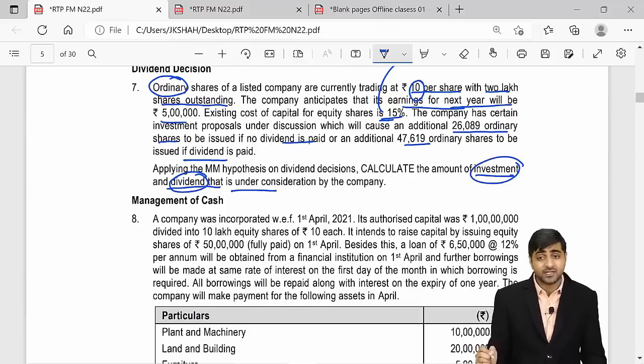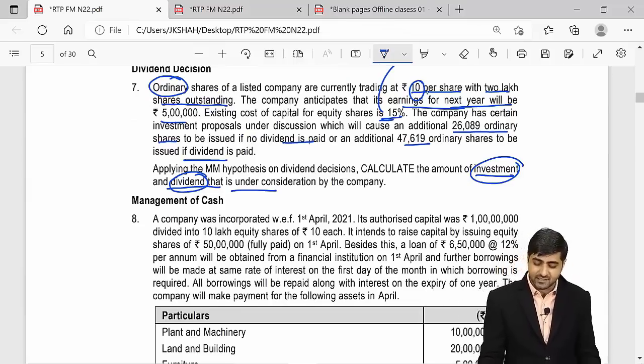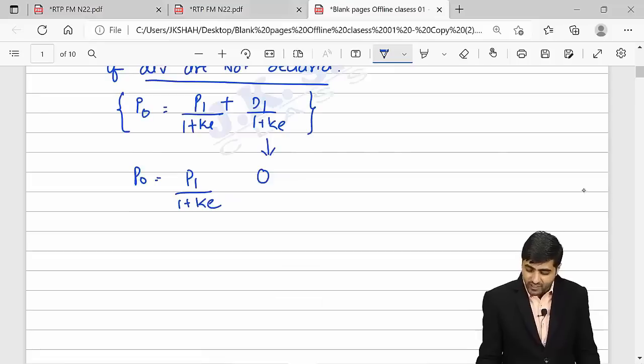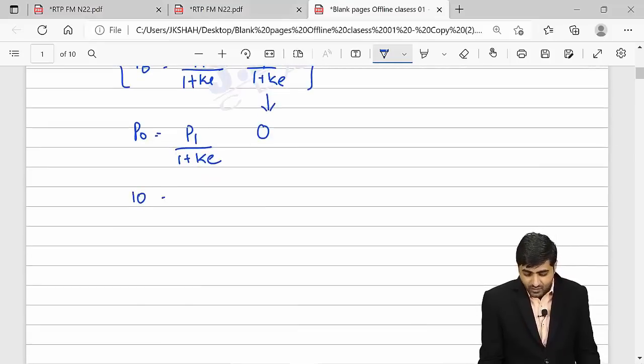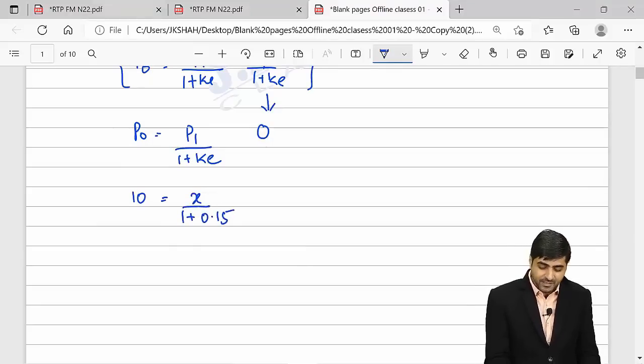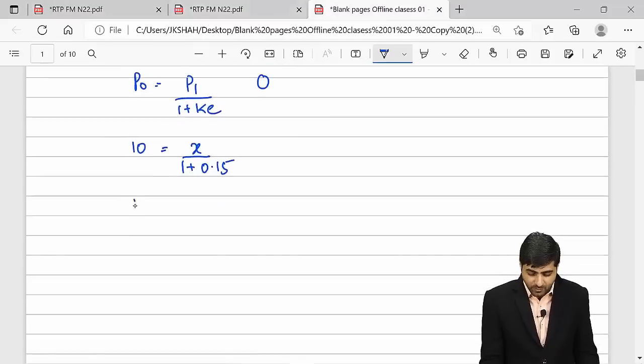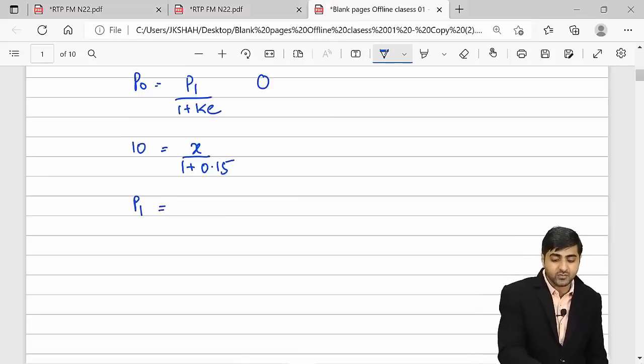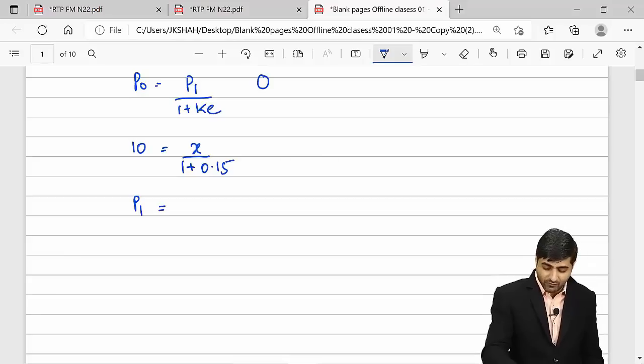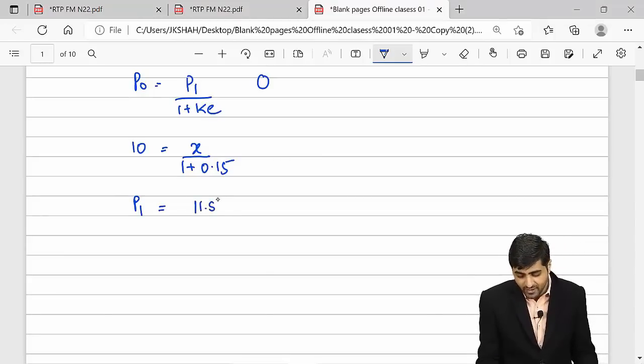Now do you have the P0 available? Yes, and that is nothing but 10 rupees. So we have this as 10, but we don't have the P1, but it's okay. We have the K, which is nothing but 15%. So basically we are now in a situation to find your P1, and this will be 1 plus 15%, that's nothing but 1.15, and the moment you multiply this by 10, you will get your P1 as 11.5.